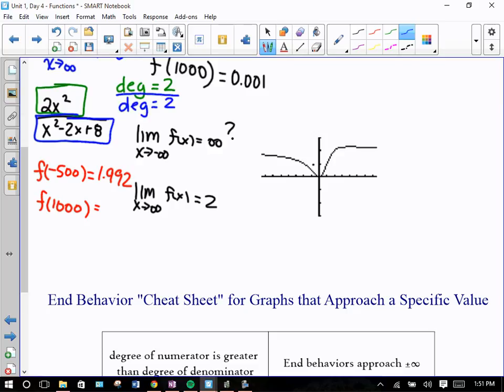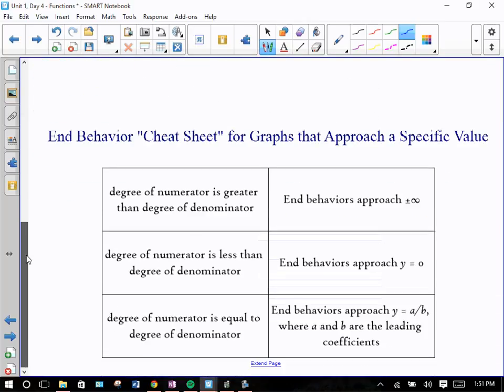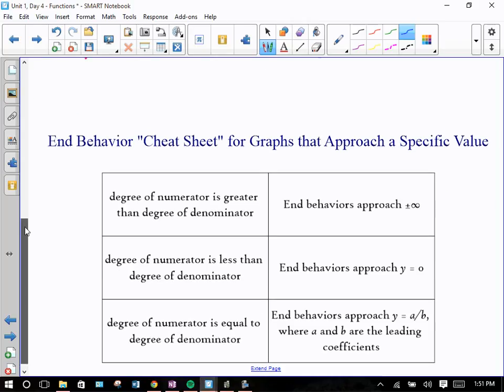Okay. So, my degrees are equal. So I have, if the degree of the numerator is equal to the degree of the denominator, then the end behaviors approach y equals a divided by b, where a and b are the leading coefficients. So a is the leading coefficient of the numerator, b is the leading coefficient of the denominator. So you come up here.